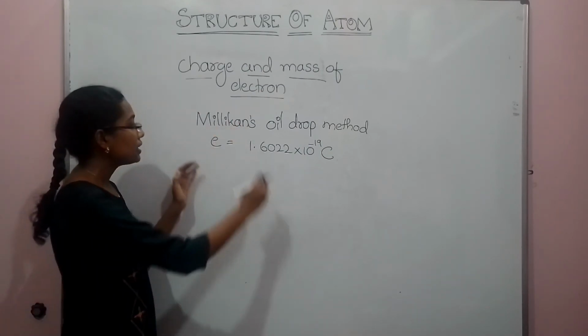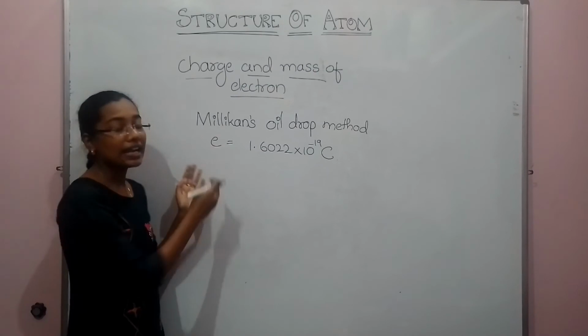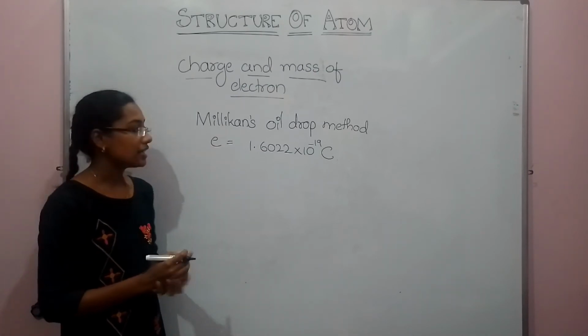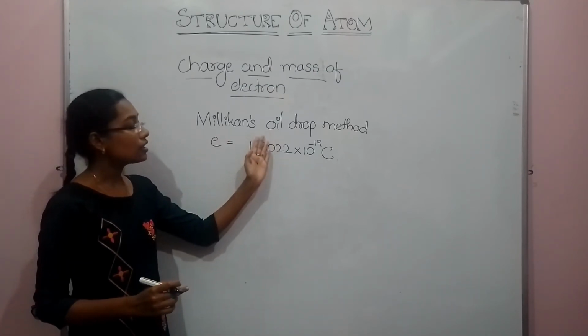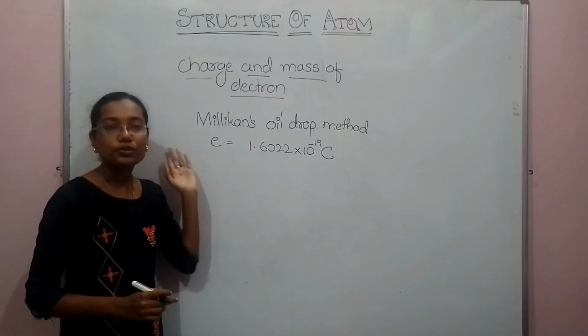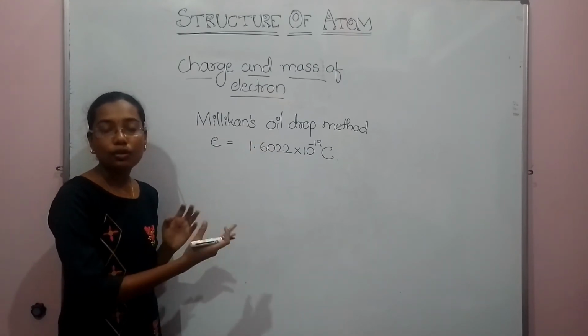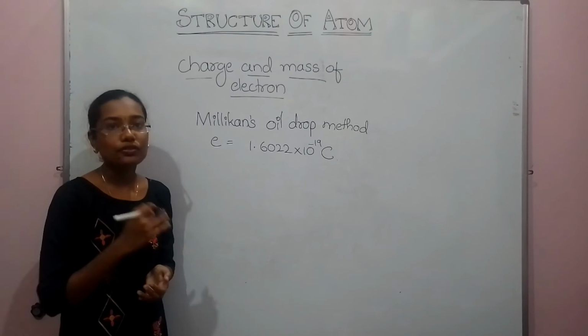Okay, with the help of this e and e by me ratio, that is with the help of the works done by Millikan and J.J. Thomson, we'll get to know the mass of the electron.